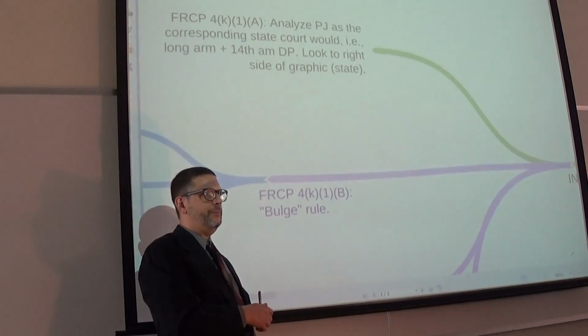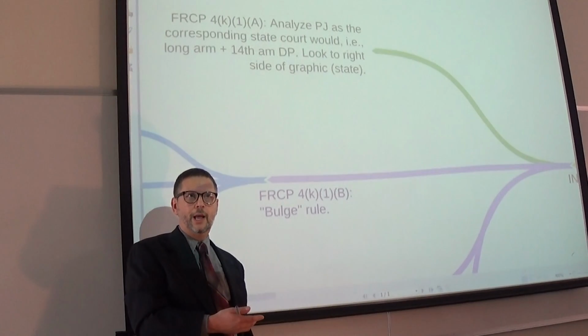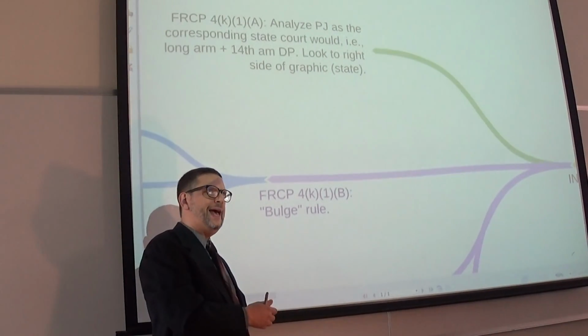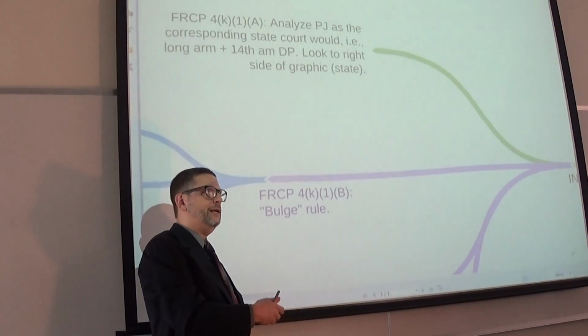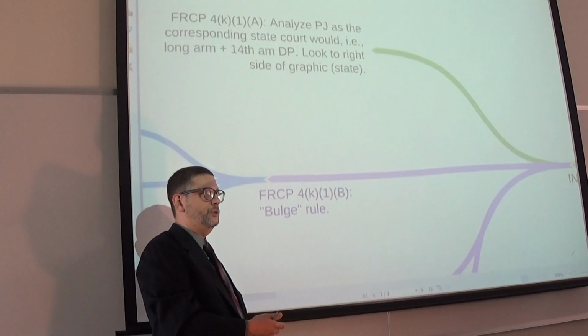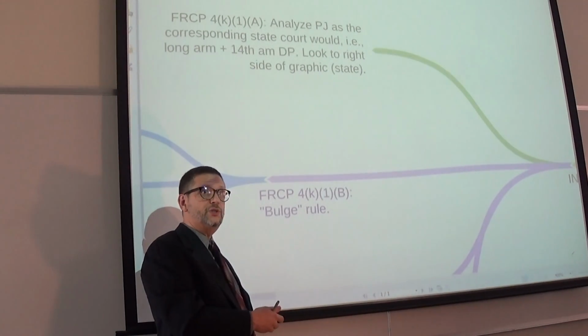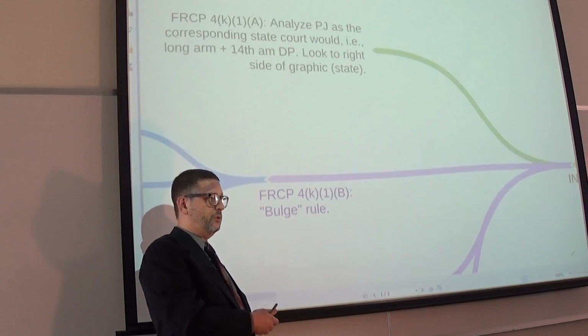And you might think, Professor, you just said that in federal court we use the Fifth Amendment. And that's true. But what's special about 4K1A is it tells the federal court to analyze PJ the same way a state court of general subject matter jurisdiction would analyze it. So if the federal court needs to do what the state court does, well, the state court uses the state long arm plus 14th Amendment due process.